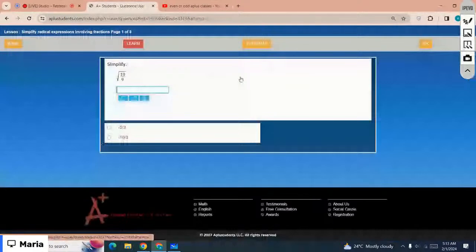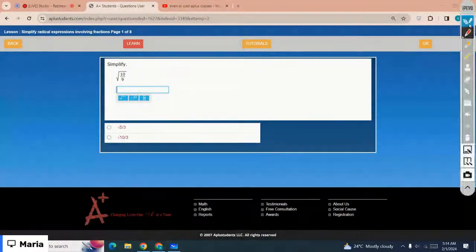Okay, the first one is square root 10 over 9. So how do we solve? Basically, that is a fraction, 10 over 9, right?